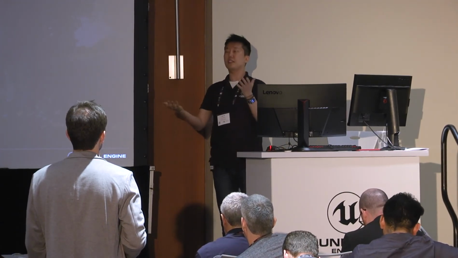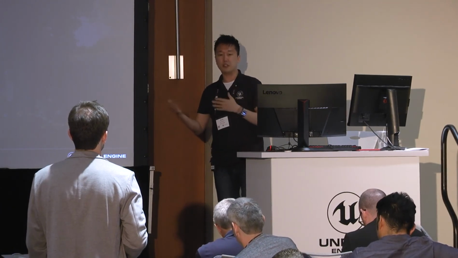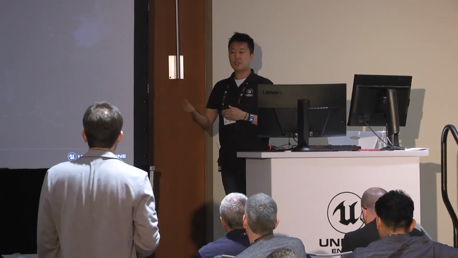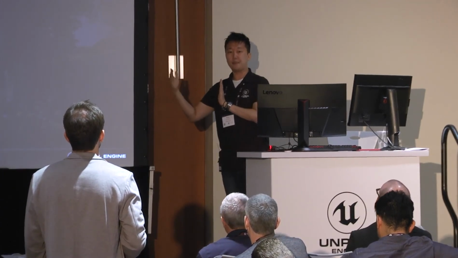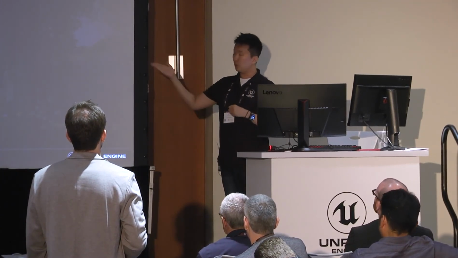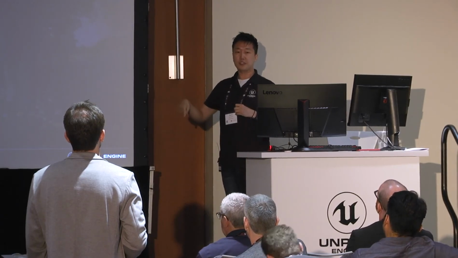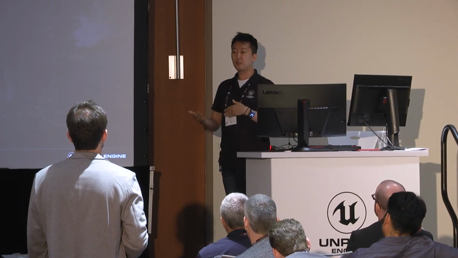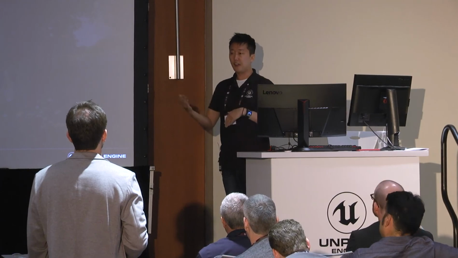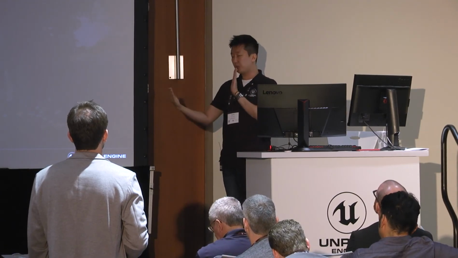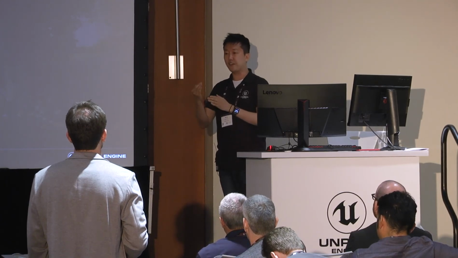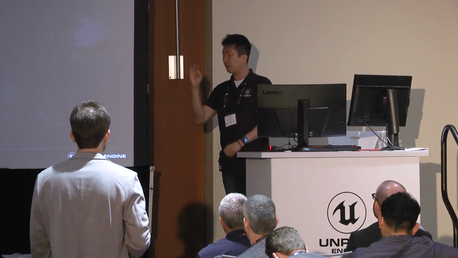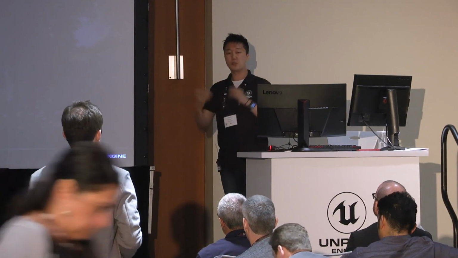EXR is a 32-bit float value image that has most of the values we want. So all the reference images that I imported were EXR, which is a 32-bit linear float value. That has the most range of color, so when you check the values in the visualized HDR view, you can see the values correctly.